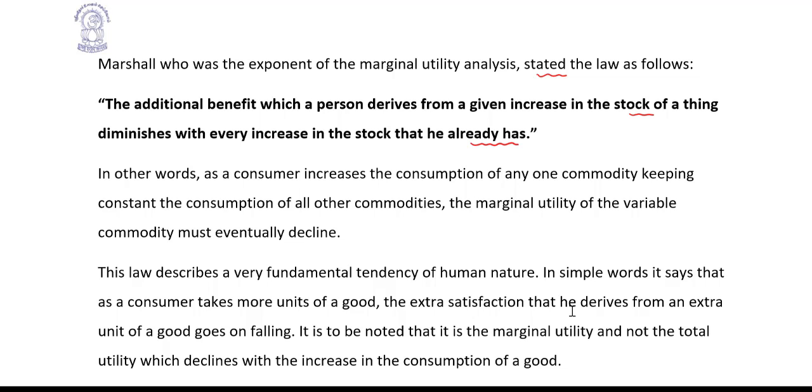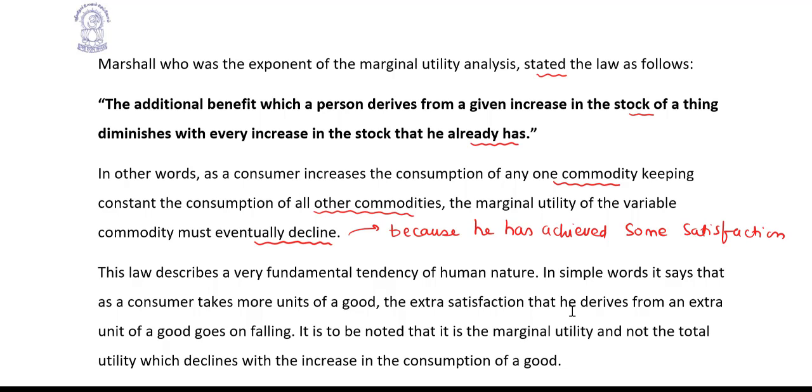In other words, as a consumer increases the consumption of any one commodity, keeping constant the consumption of all other commodities, the marginal utility of a variable commodity must eventually decline because he has achieved some satisfaction by consuming the previous units of the same goods.